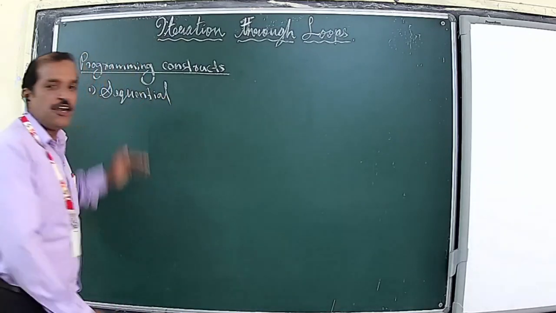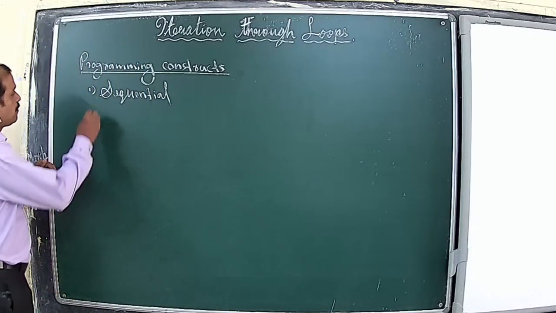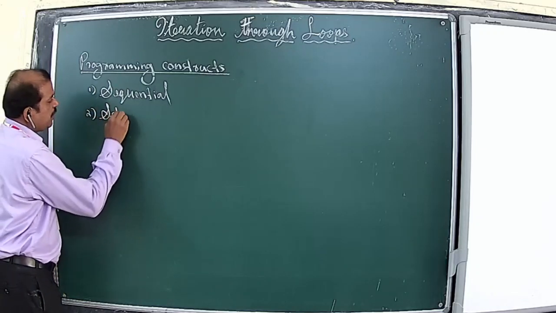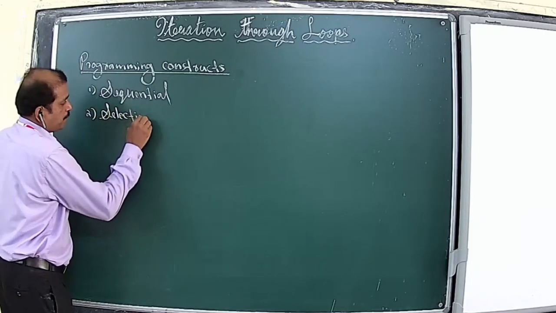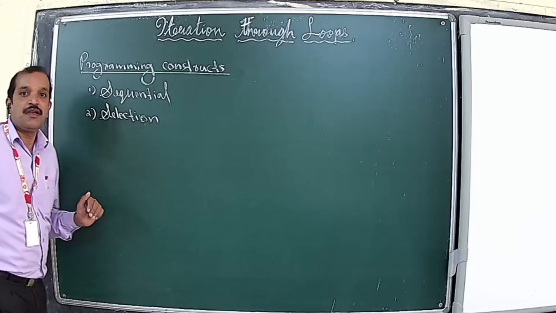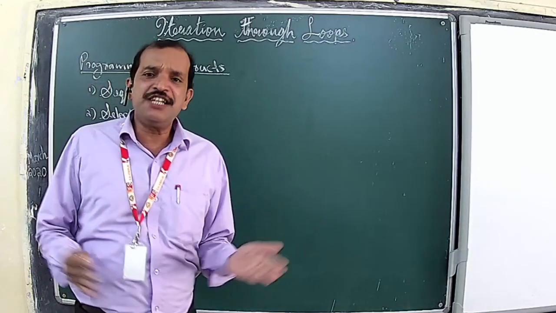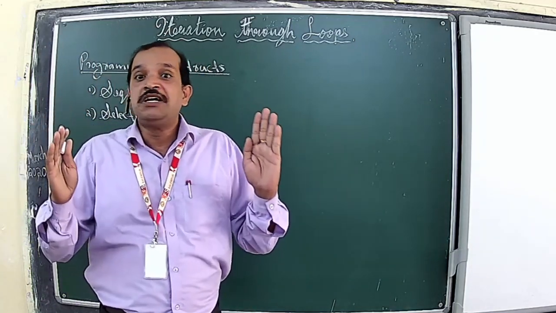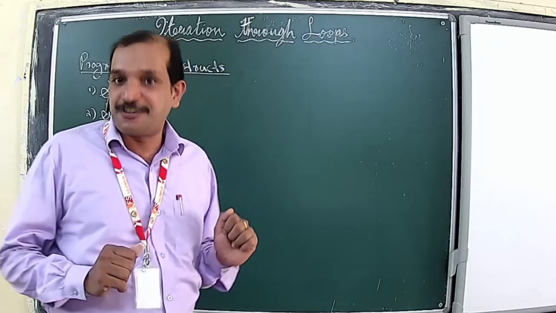And the second way of executing a programming statement is selection, or selectively executing a program. When we use the selective way of execution, the statements are executed based upon the result of a logical expression.